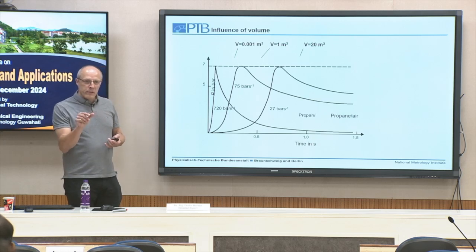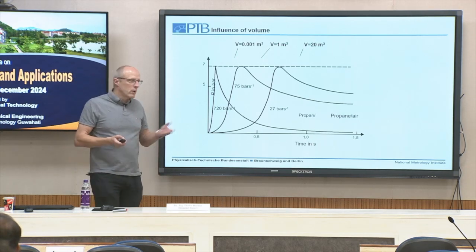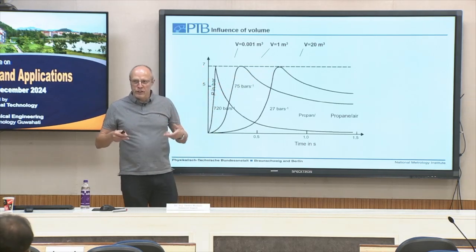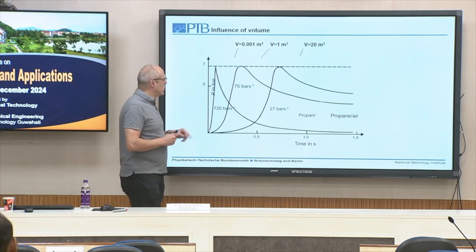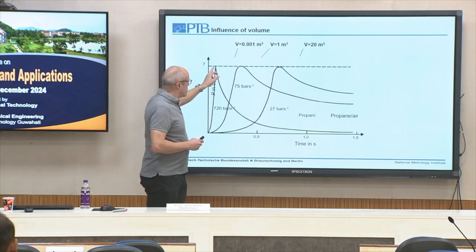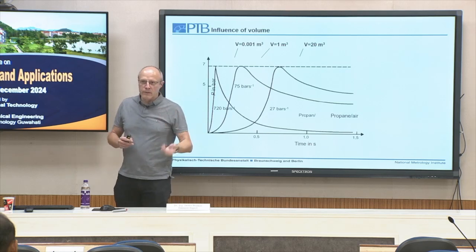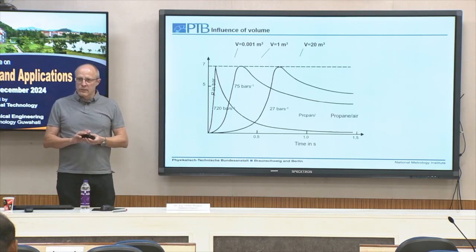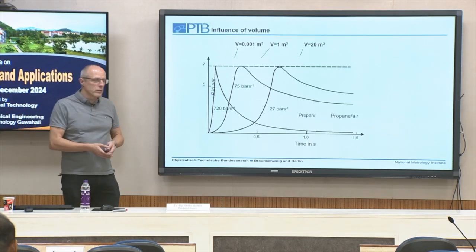If we have 1 cubic centimeter of hydrogen, we yield nearly the same explosion pressure compared to a 20 cubic meter vessel. So this depends only on the chemistry, and the chemistry is always the same. So if we have the same initial conditions in these 3 different vessels, we will reach the same explosion pressure.